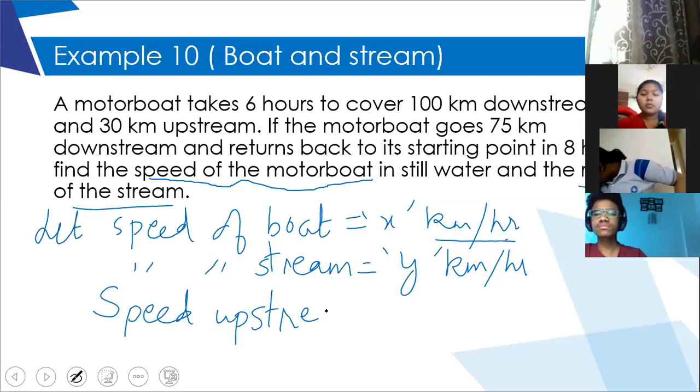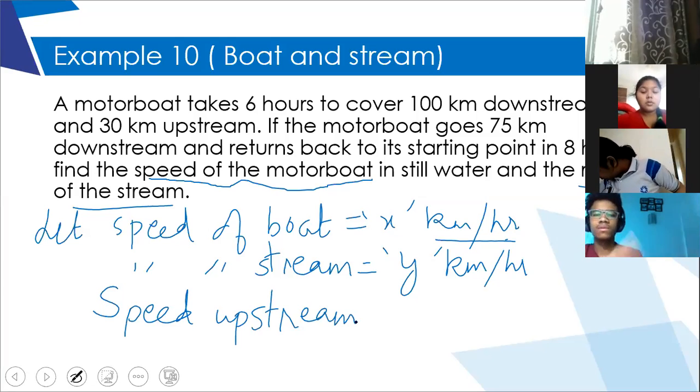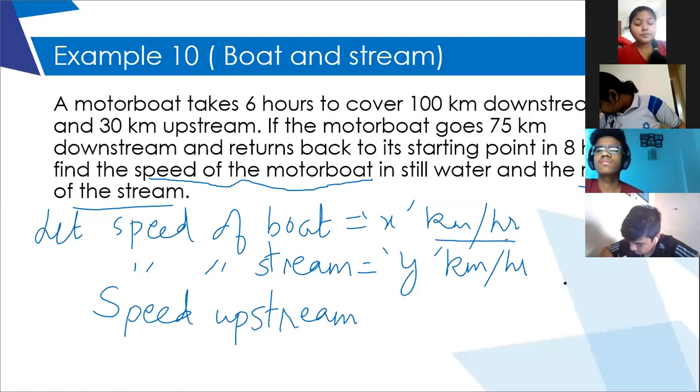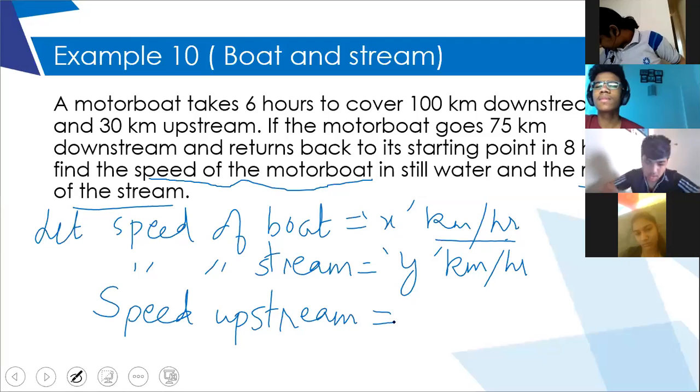How can I go upwards in a pond? Who's telling me? Tell me your name. Cheshta. Cheshta, tell me. Ma'am, upstream means to move in the opposite direction of the direction the water is flowing, and downstream is flowing with the direction of the water.